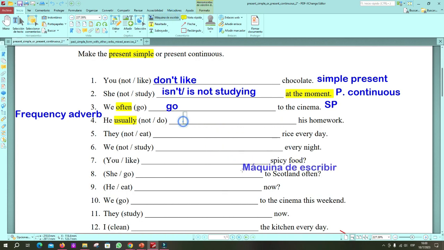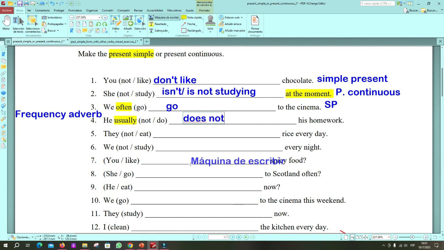So, which could be the answer for this one, Mr. Rahmi? He usually does, not, right?